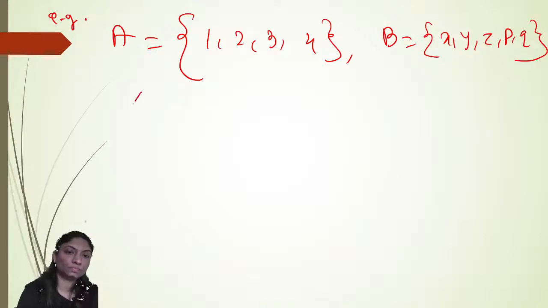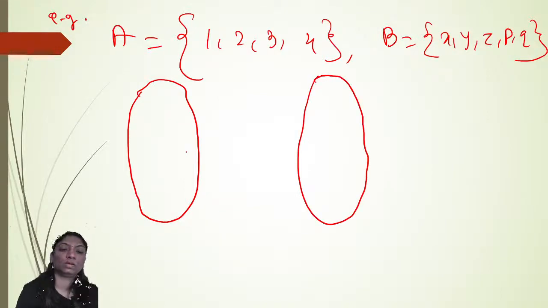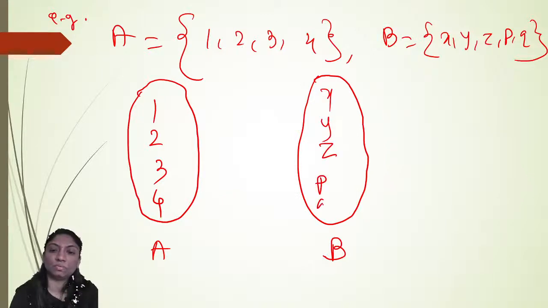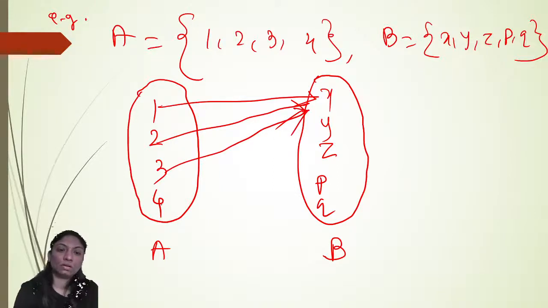So here A to B, 1, 2, 3, 4, and B is x, y, z, p, q.